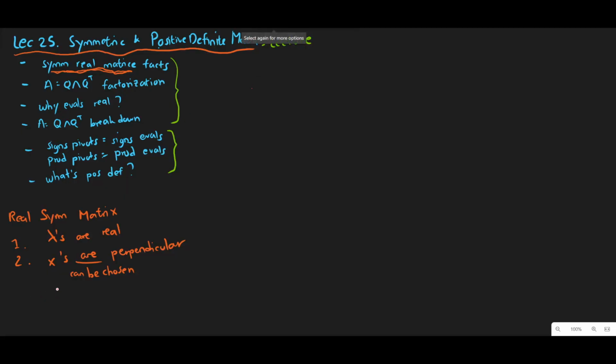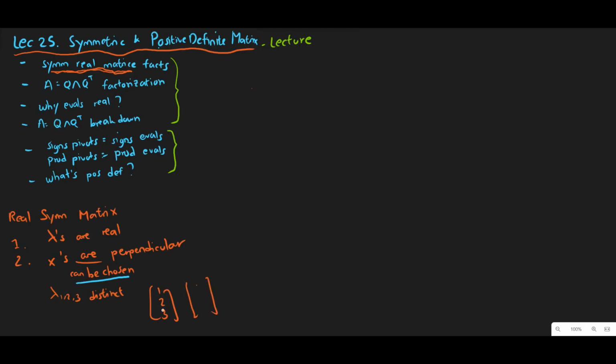And in that case we have lambda 1, lambda 2, and lambda 3 that are distinct. Okay. And the words "can be chosen" just mean that the eigenvector doesn't have to be a unit vector. Let's say this is my eigenvector 1, and this is perpendicular to something else.